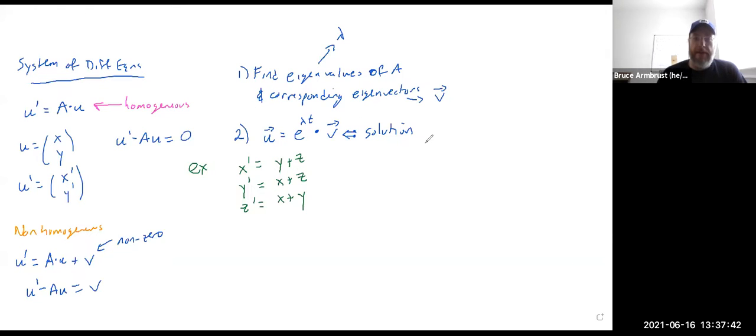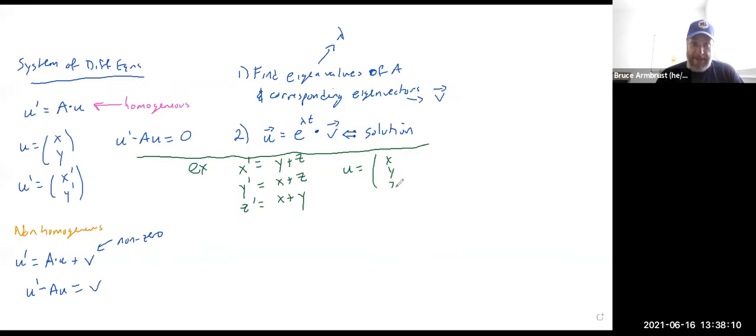All right, so there's an example of a system that now has 3 variables, but it's still linear and it's still first order, right? It's first order just because of the primes, and this stuff is all linear. So what we want to do is write this as a vector or matrix equation. So u, the vector u, is going to be x, y, z. That way we've got u prime here.